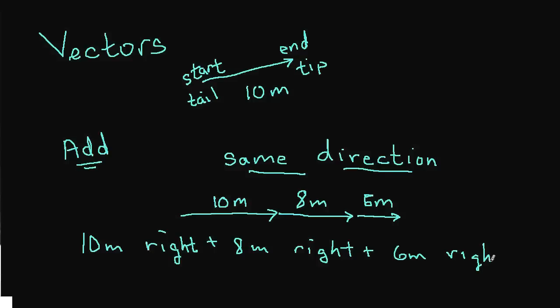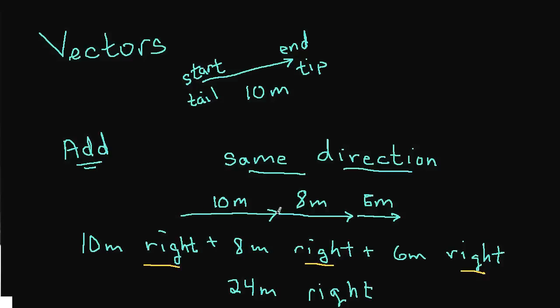And all I would have to do if I saw this right, right, and right is recognize that this is all in the same direction, and I would just add these up. So 10 plus 8, 18, and 6 is 24 meters to the right. This is the total distance that I would have traveled. The total displacement is 24 meters to the right.